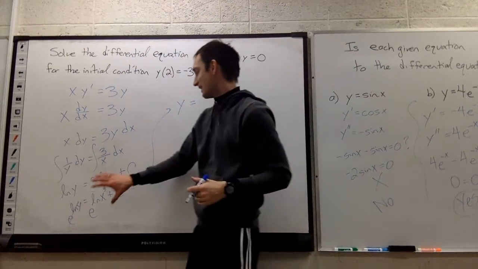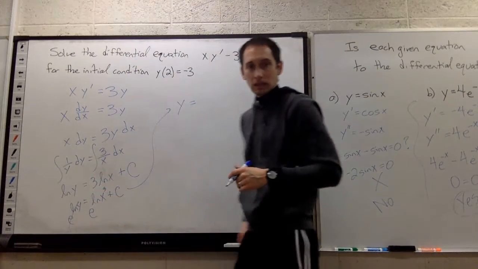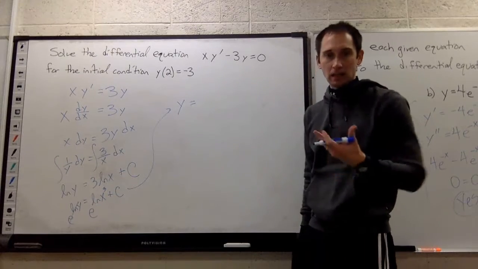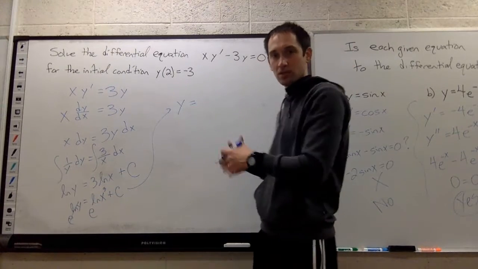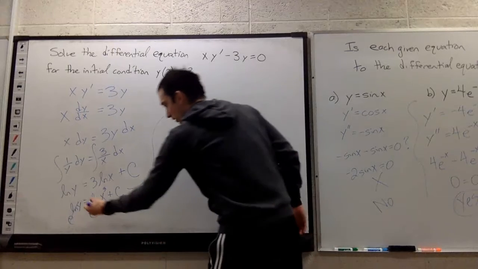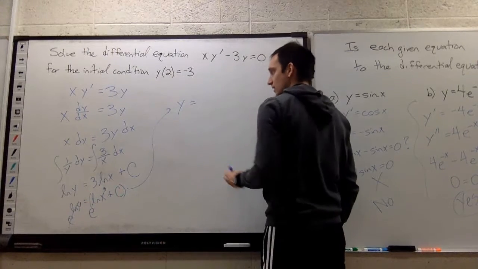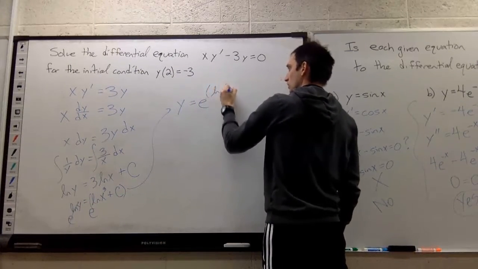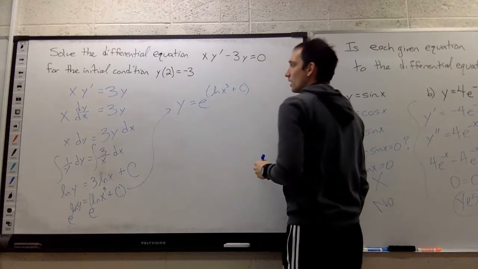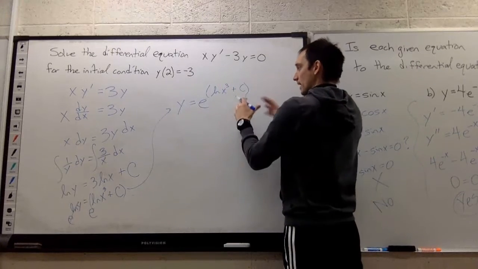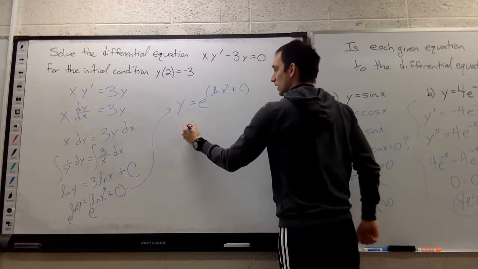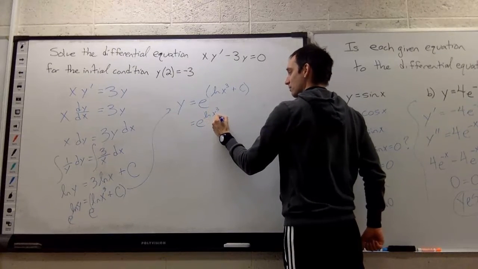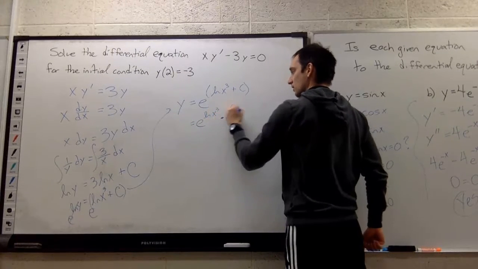The entire right side is an exponent on e, so you have e to the natural log of x cubed plus c. You're going to want to break that up into two separate e's: e to the natural log of x cubed times e to the c.